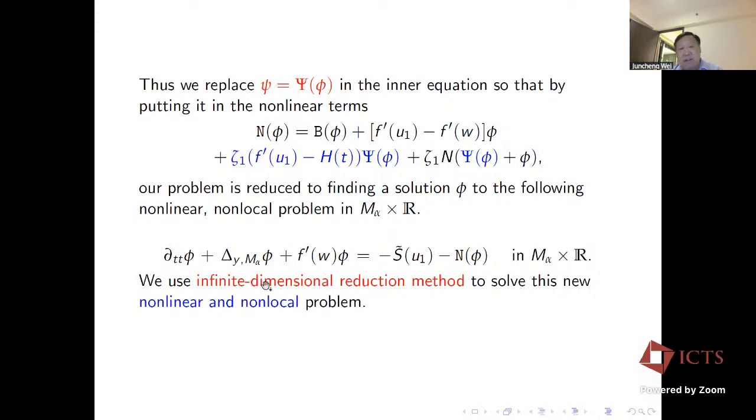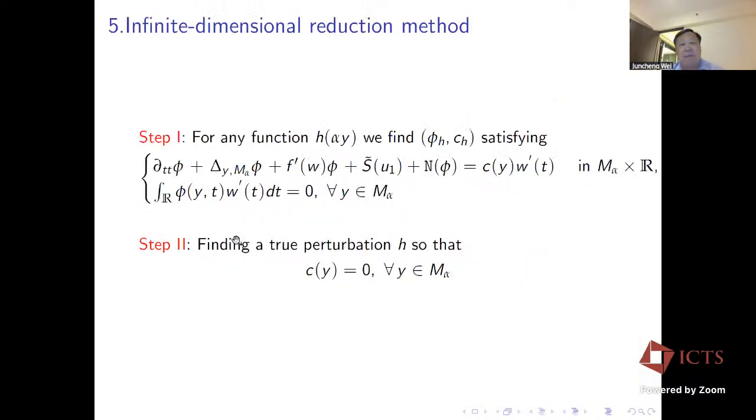Now we're going to use infinite dimensional reduction to solve this new nonlinear and non-local problem. So in step 5, we do the infinite dimensional reduction, just like in the first lecture. For any fixed function h, we perturb the minimal surface in the normal direction by h.